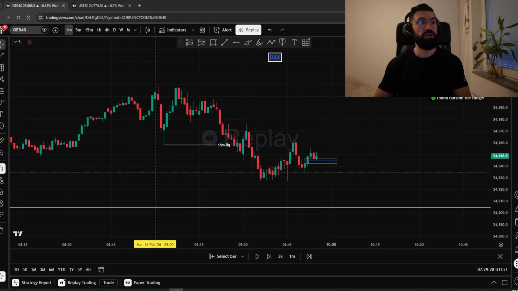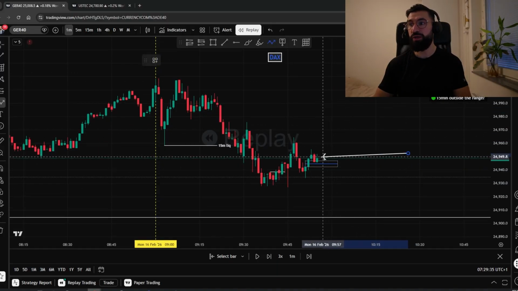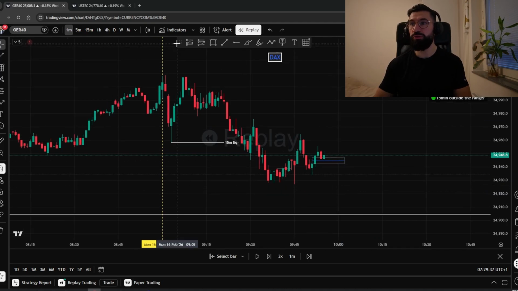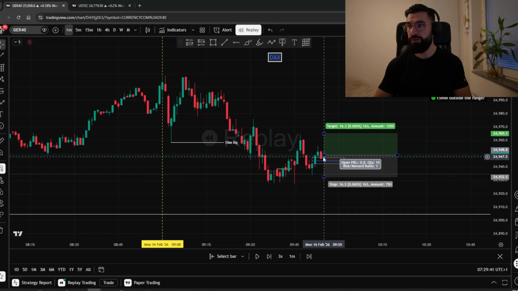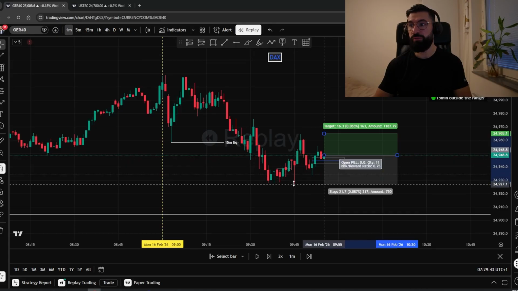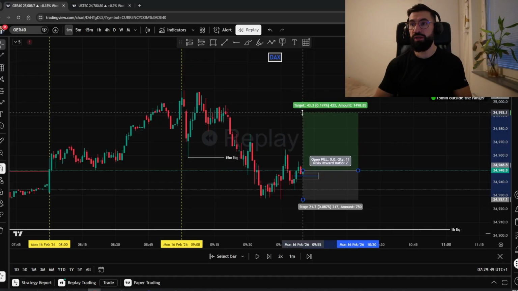So it created a fair value gap, and this is the place where I do want to enter the trade, because it gave us a positive reaction. We are bullish, right? Positive reaction to the upside. So what do I want to do? I want to take the trade from the close of this candle right here and put my stop loss underneath, right? And I want to mark out the take profit areas.